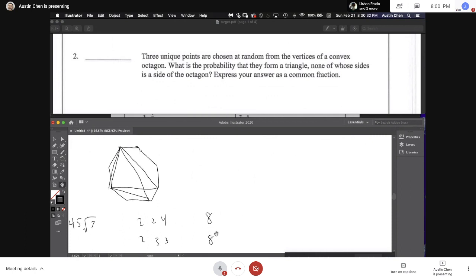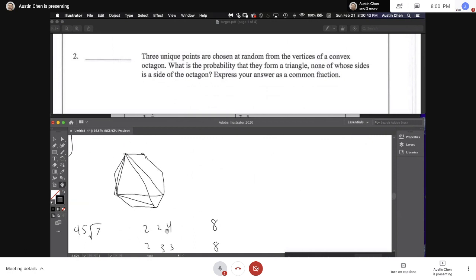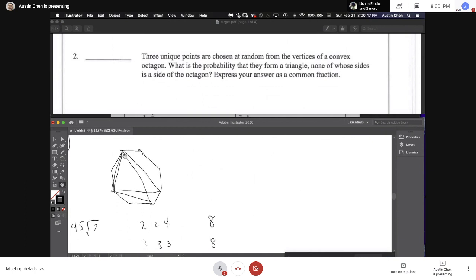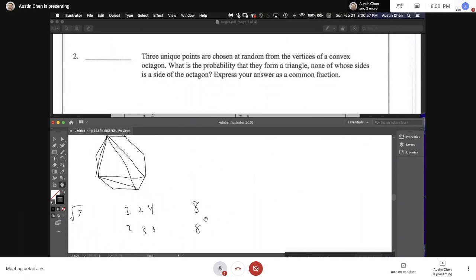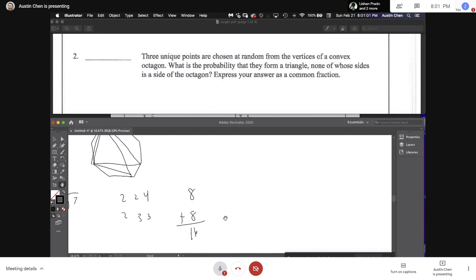Be careful that there is no rotational symmetry, because then you would have to divide this by 2 or something. But for our 2, 2, 4 and our 2, 3, 3, there is no rotational symmetry. And then this is it. There's no other types of triangles that you can have while having the sides not coincide with the octagon. So that means our total number of triangles is going to be 16.